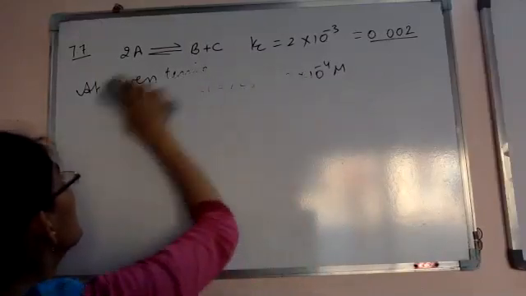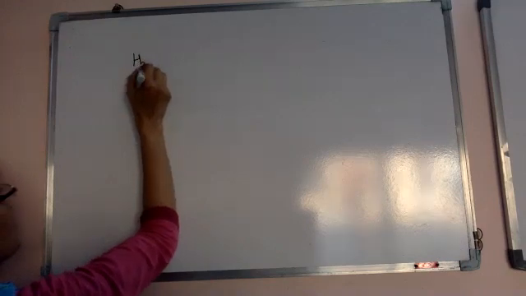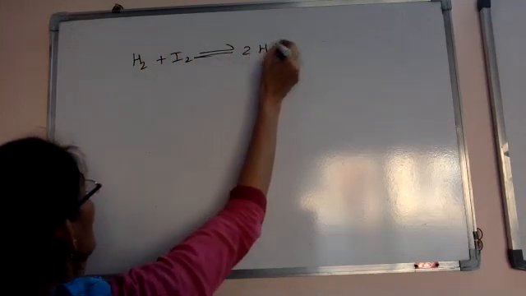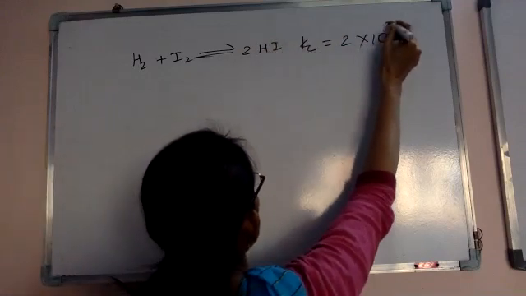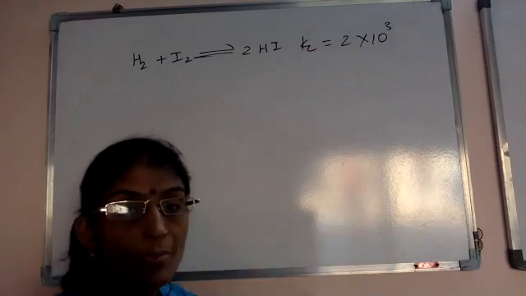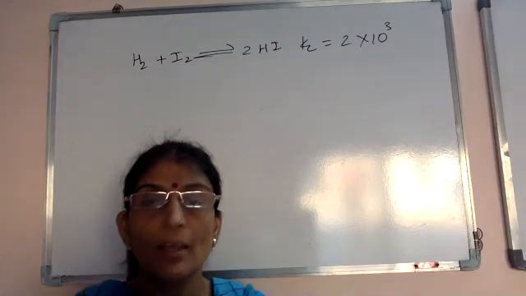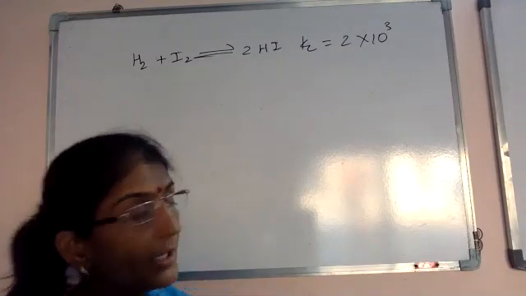Not textbook, other than textbook, one example we are solving. For this reaction, H2 plus I2 gives 2HI. Equilibrium constant for this reaction is given as 2 into 10 raised to the power 3. Hydrogen plus iodine gives 2HI and equilibrium constant value is given as 2 into 10 to the power 3.